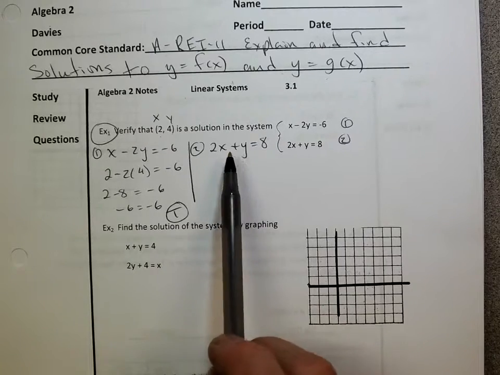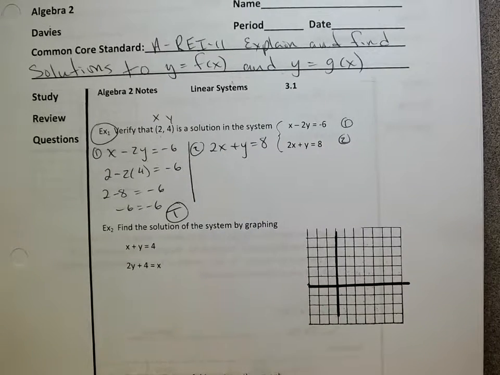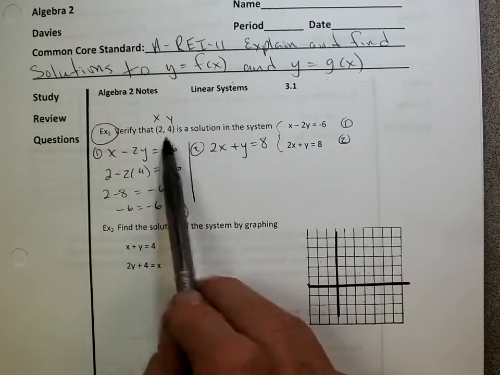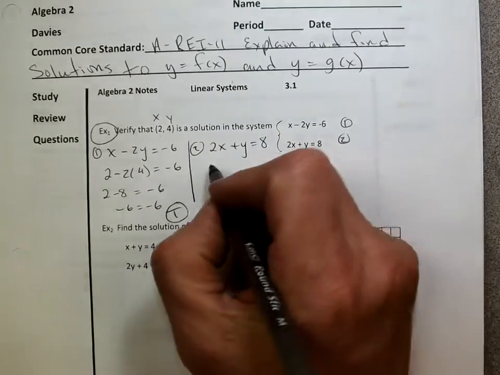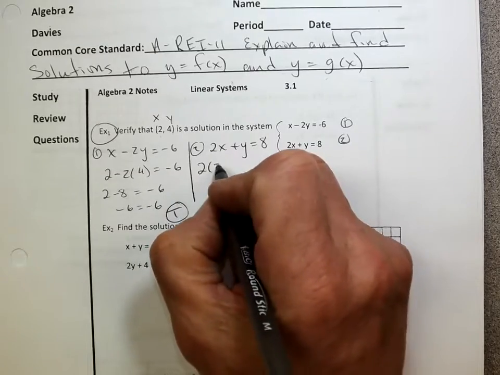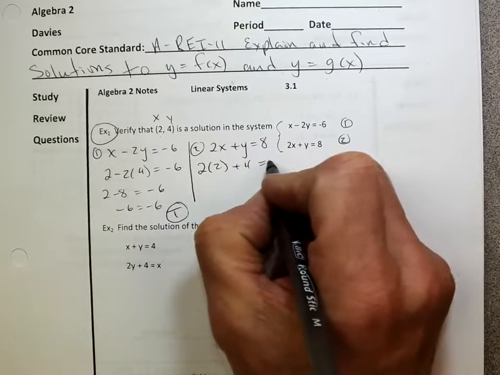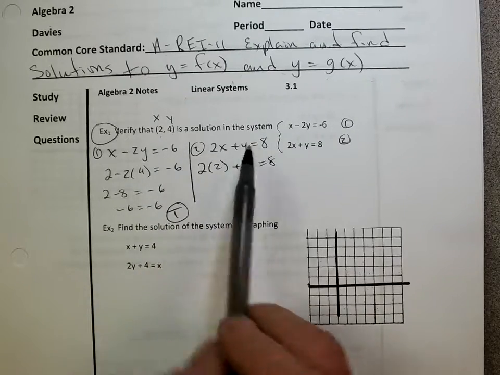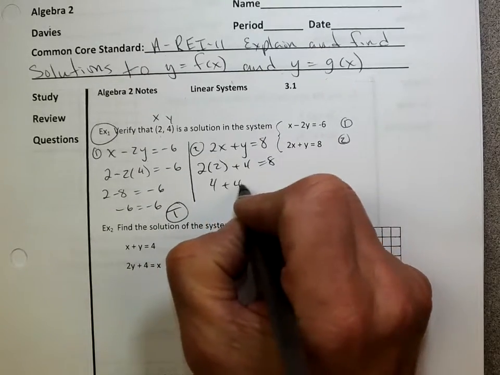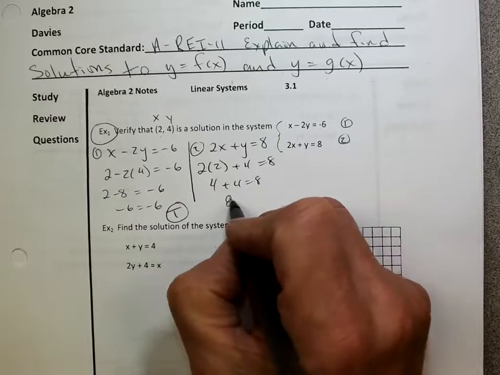Now we'll do the same thing with the second equation, because it has to work for both. So I'll put in the 2 for the x, and the 4 for the y, and hopefully it will equal 8. So I'll go 2 times my 2 plus my 4, because I plugged in the 2 for the x and the 4 for the y. 4 plus 4 equals 8. 8 equals 8. That's true.